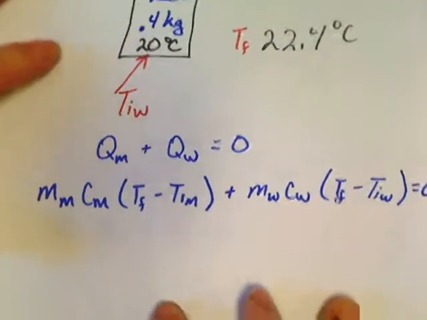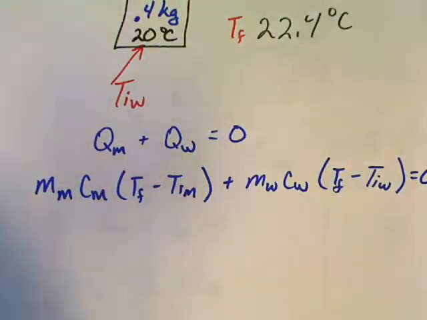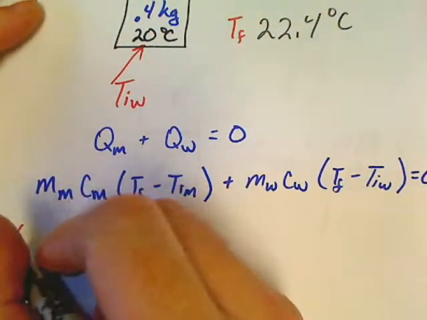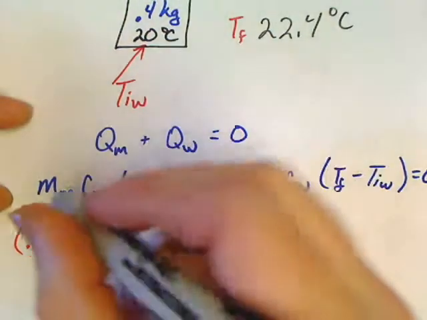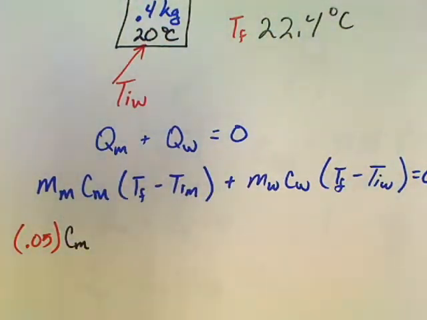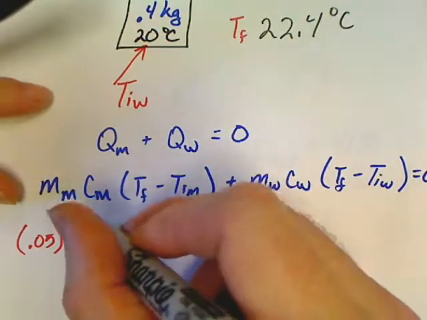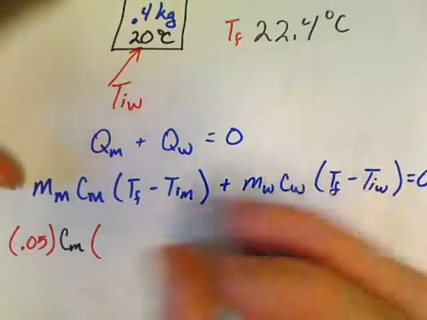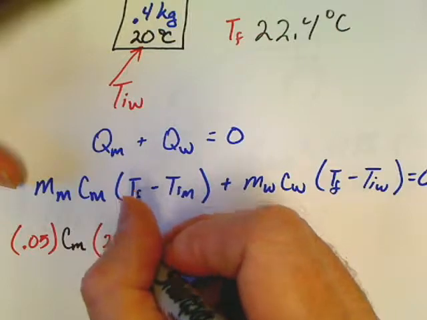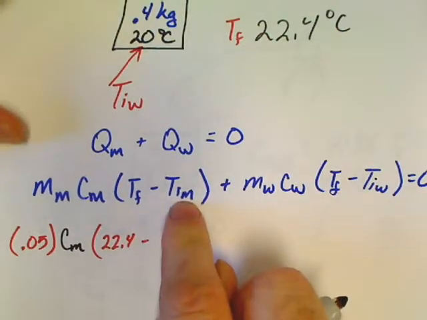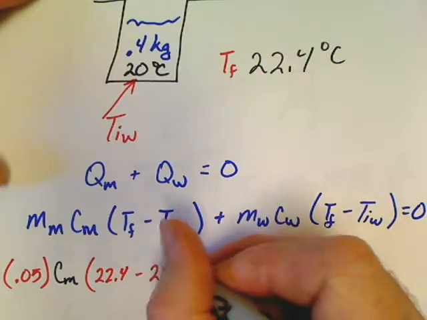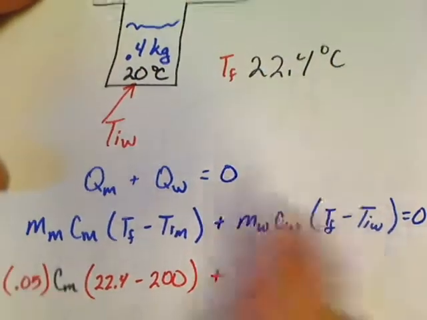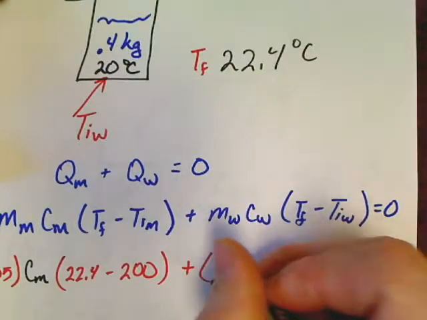And now all this is going to be is me filling numbers into this equation. It told me that the metal has a mass of 0.05. Now, it's actually wanting me to find the C for the metal, so that I do not know. Temperature final. It told me that my temperature final is 22.4 minus my temperature initial of metal, which was 200 degrees, which is obviously very hot, plus mass of water, 0.4.